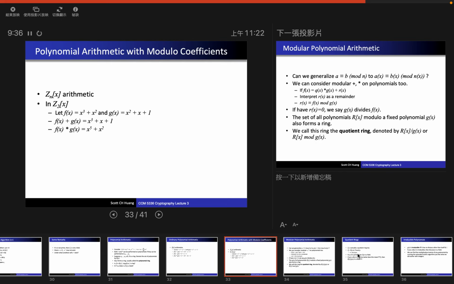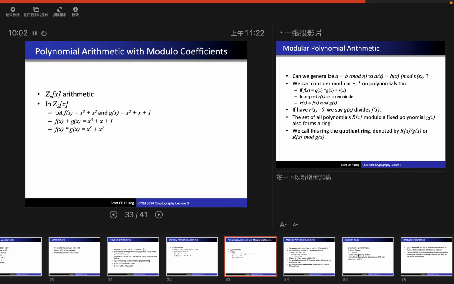And then this is subtraction. Remember that subtraction and addition in GF(2) are the same. They're both XOR. So in other words, there's no difference between addition and subtraction. So x to the 4th XOR x to the 4th, they cancel each other. And then here, it's x plus 1.